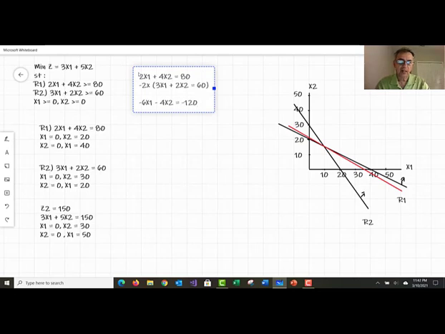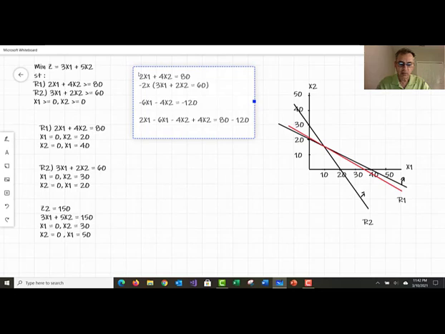Now I will add this to the above equation, so I end up with 2x1 minus 6x1 minus 4x2 plus 4x2 equal to 80 minus 120.